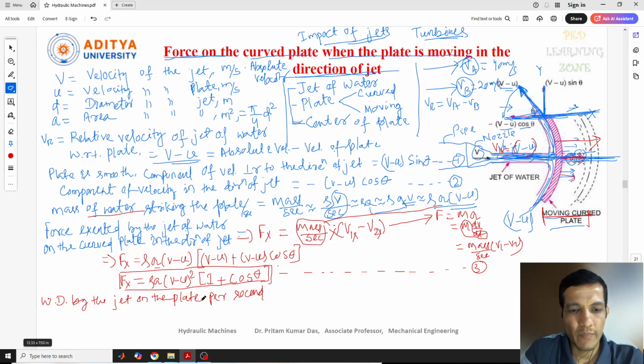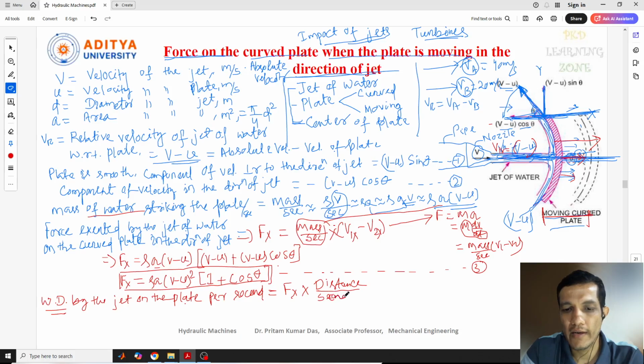The formula for work done is force into distance traveled. So the distance traveled per second is the distance traveled by the plate in the direction of the jet with respect to time.